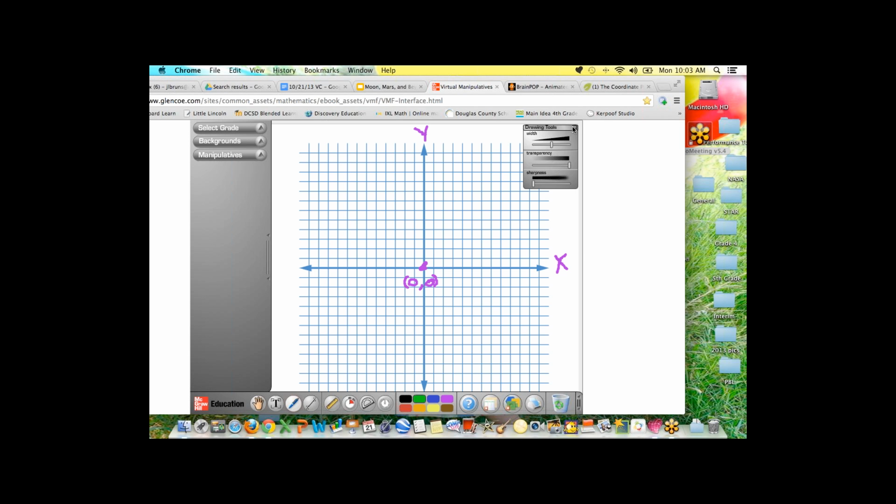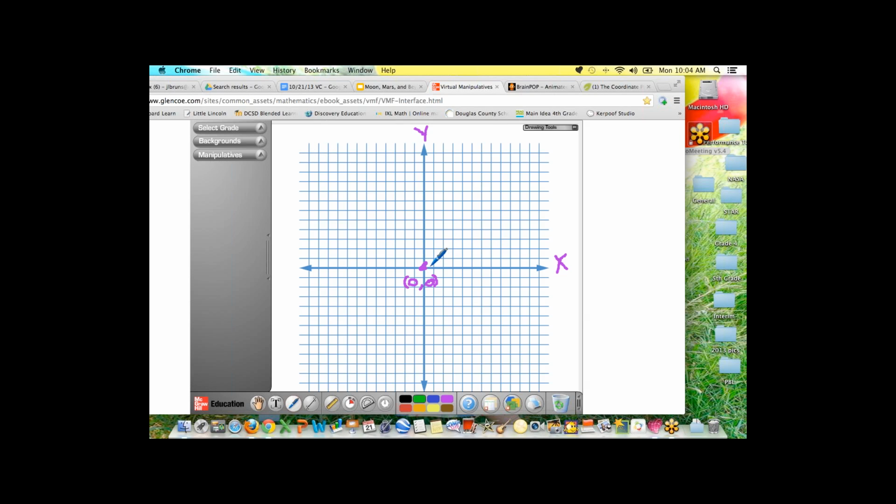Then I need to go up 14. So 1, 2, 3. Oh, you know what? It's going to be totally off the map if I keep doing this. All right. Hopefully I don't confuse anybody too much.